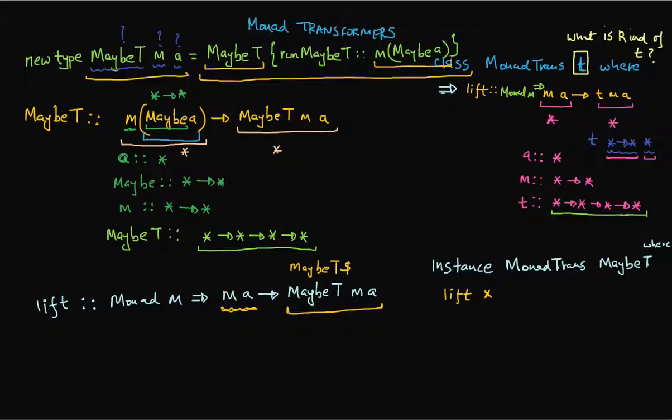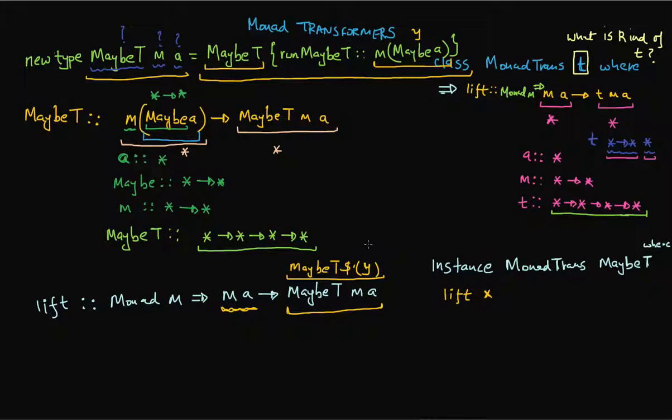If I have some value of that thing, and let's just for the sake of example call that value y, I can just say y there, and this entirely is going to construct for me a value that has a type of MaybeT m a.